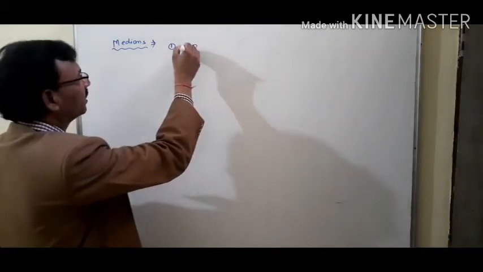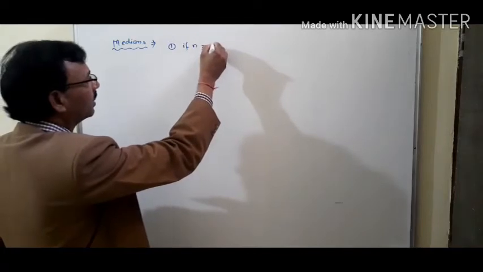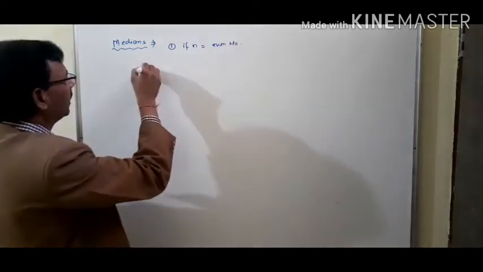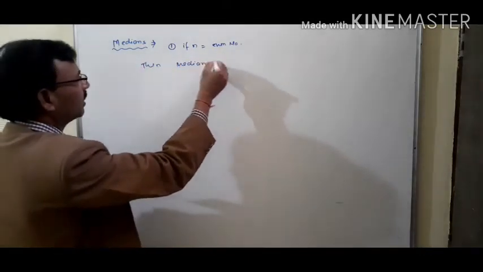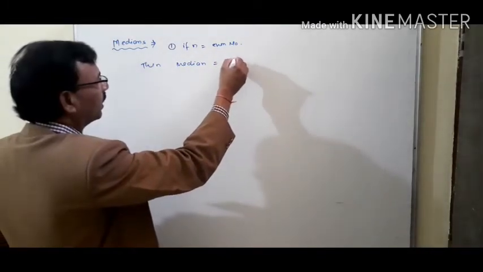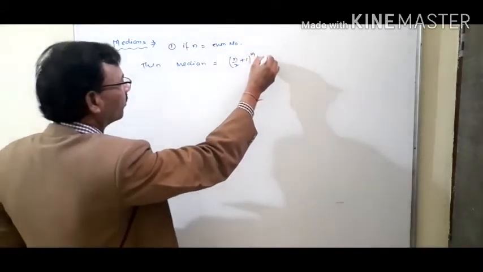If n is an even number, then median is equal to the n upon 2 plus 1th term.